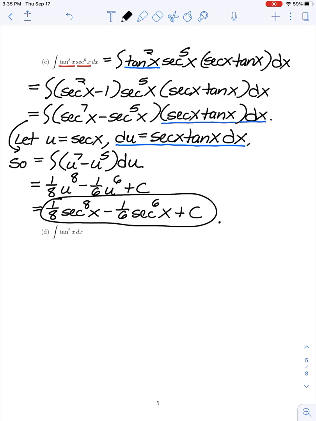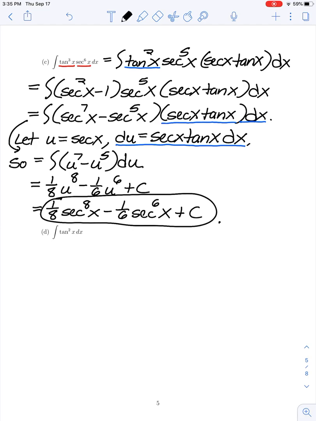So let's look at another one. In part D, we have the integral of tangent squared x. So here we don't have anything in terms of secant x. We only have an even power of tangent x.